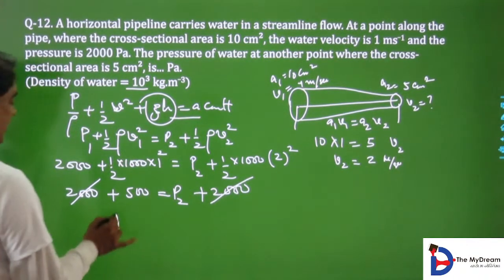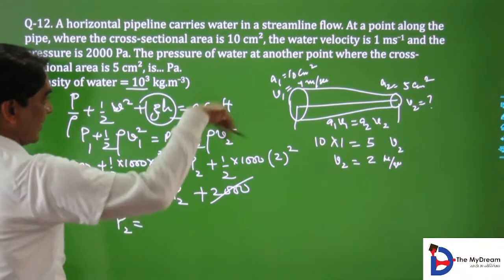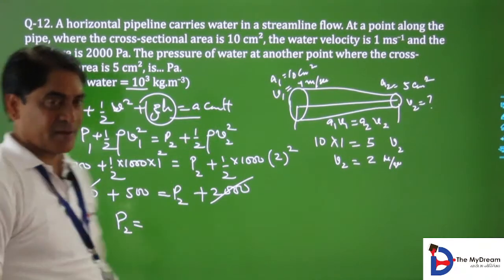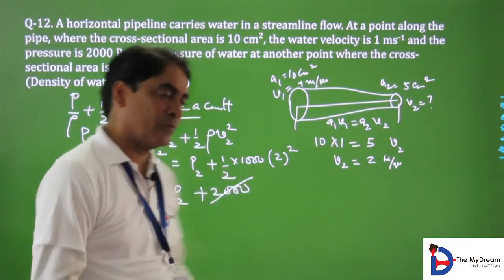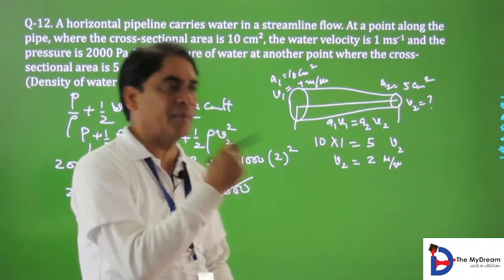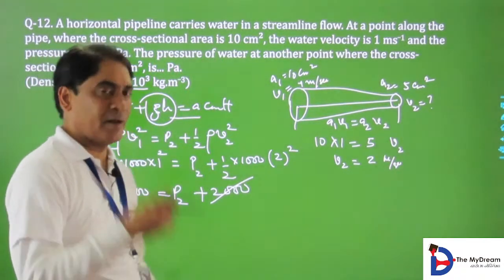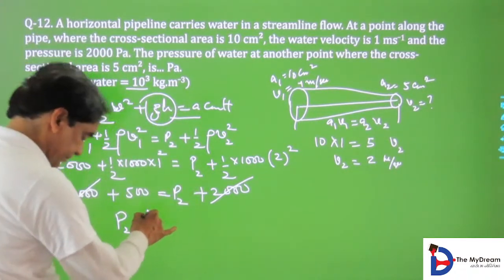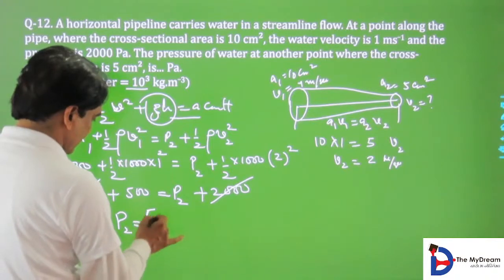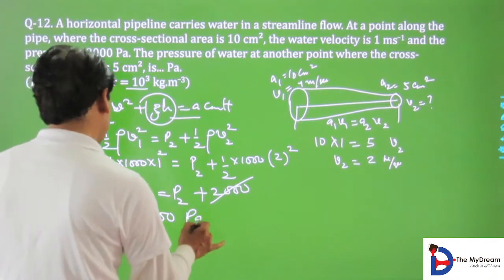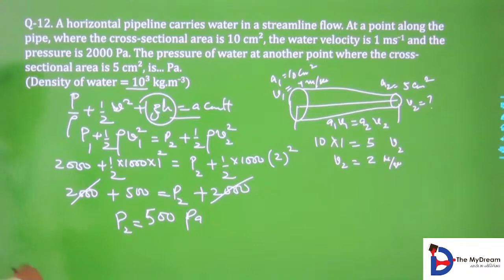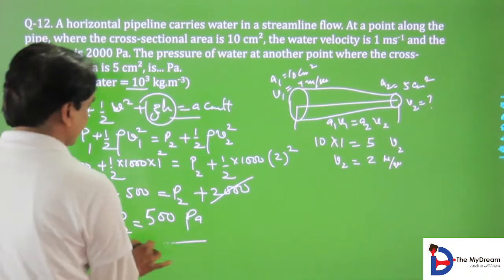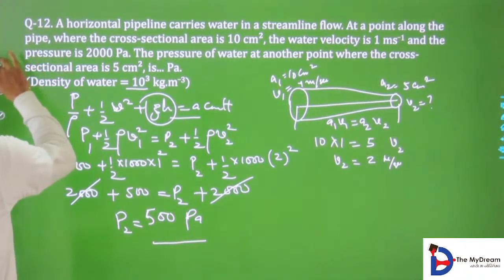So P2 is equal to the pressure at the other end, whose area of cross section is 5 centimeter square and the velocity is 2 meter per second, that is 500 Pascal. There is no matching option. Next question.